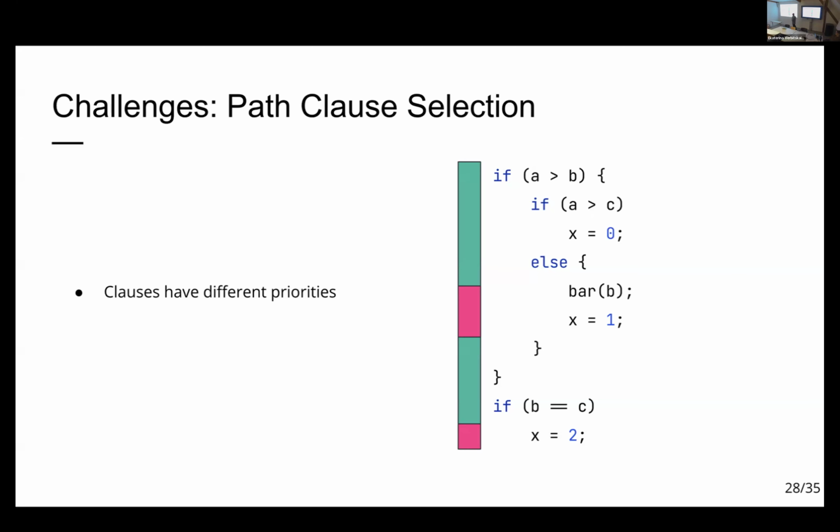For this condition, A greater than C, this weight is larger because changing this condition leads us to a call, and the call leads us to whole new code that we want to cover, and therefore calls have larger weight, and therefore we want A to be less or equal to C.